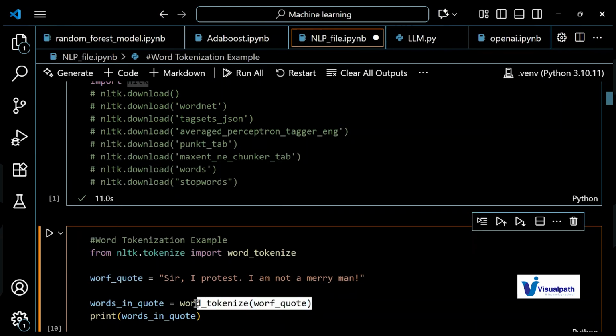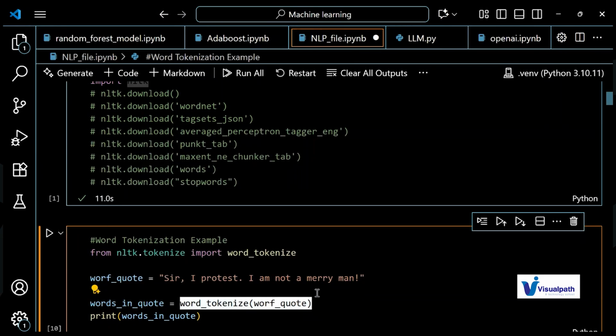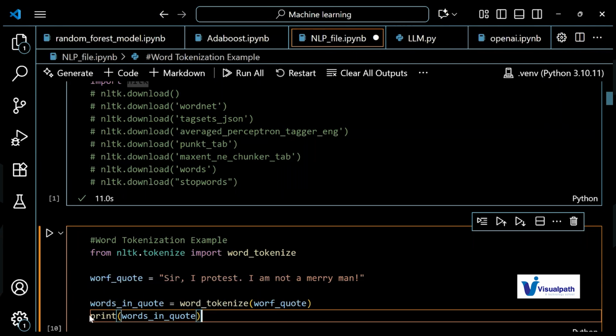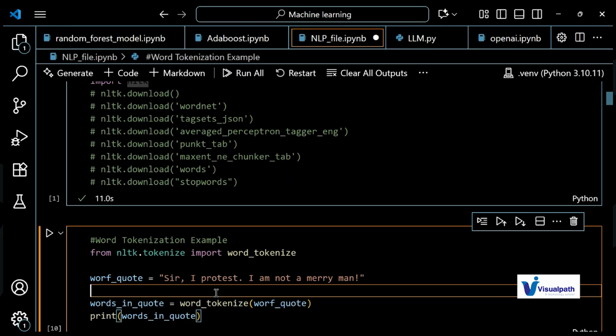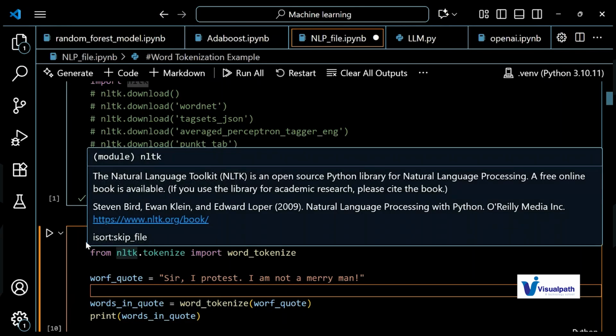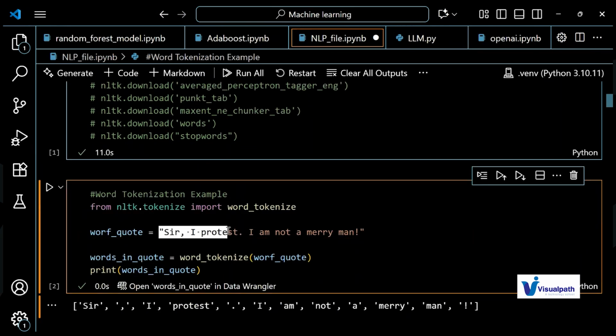Once I pass the input, the word tokenization function gets called and provides the result. I'm storing that result in a new variable called words_data, and finally I'm printing it. In Python, this is the way to print: just print of the variable name. Now I'll execute this to show you the output. This is my input: "Sir, I protest.